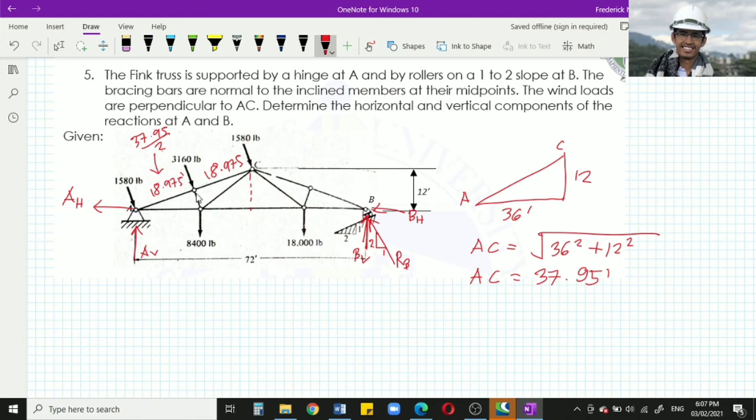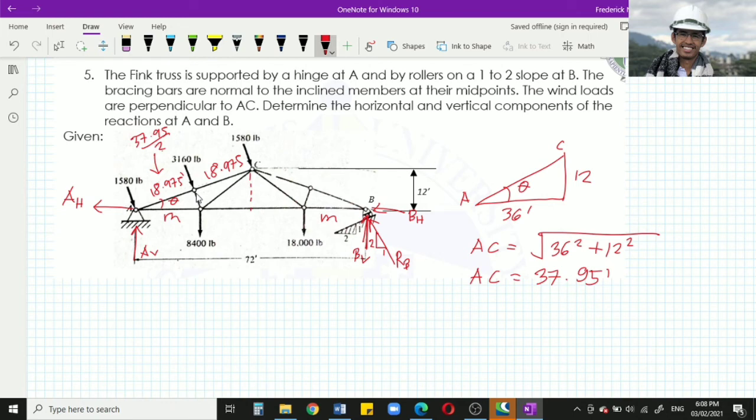Okay? So kunin naman natin yung value nito. Point dito, 8,400 pounds from point A. So let's call this point M. Same din dito. Let's call this point M. So paano natin makukuha yung distance ng point M? Meron tayong triangle dito, di ba? So kunin muna natin yung angle theta dito, para makuha natin yung triangle M natin. Gagamitin lang ulit natin yung SOH-CAH-TOA or yung Pythagorean theorem. So kunin natin yung angle theta.